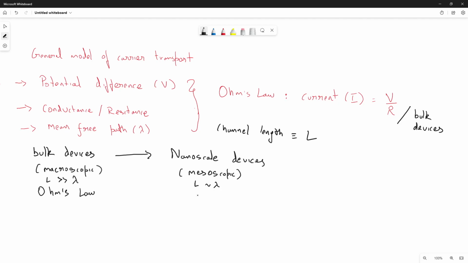So what are the effects that I need to understand here in order to get a relation that is similar to Ohm's law? When I come to the mesoscopic level, what kind of effects start showing up? Any guesses? So essentially what happens here is, first and foremost, we have quantum effects.